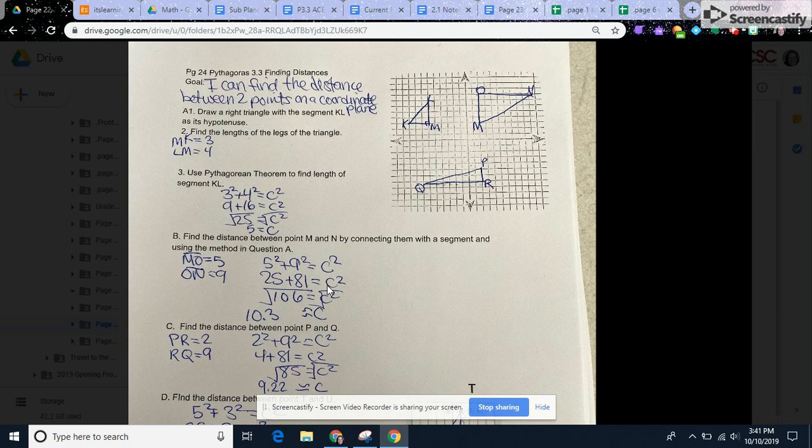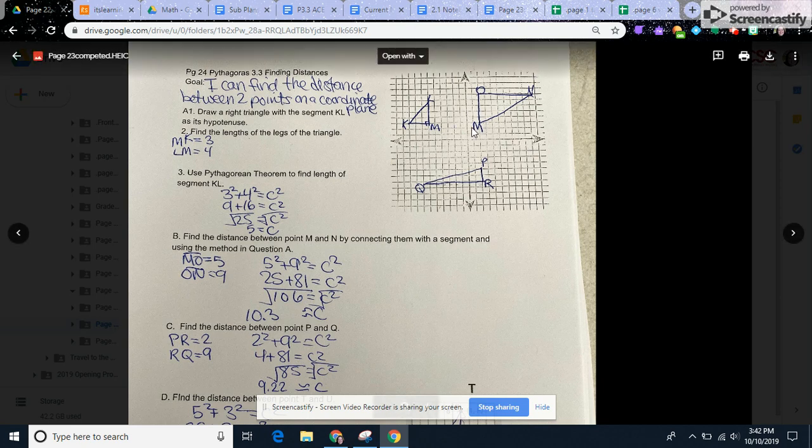When you take the square root of c squared, because you need to make it to where c is by itself, the square root of c squared, or the square root of 106, is going to give you pretty close to 10.3. So remember, we use the wavy equal sign to show that it's approximately. C is approximately 10.3 units. So that is your hypotenuse.